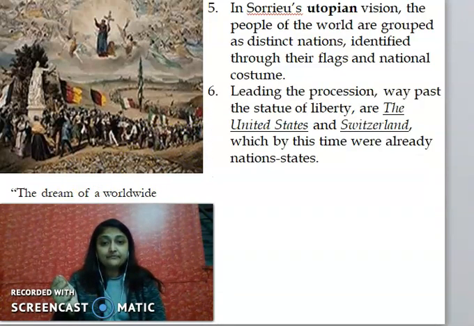Next, you can find that way past, means moving ahead, are the two nations, United States and Switzerland. As I said before, they have already got independence. That's why they are called nation states. They are already passing the Statue of Liberty.